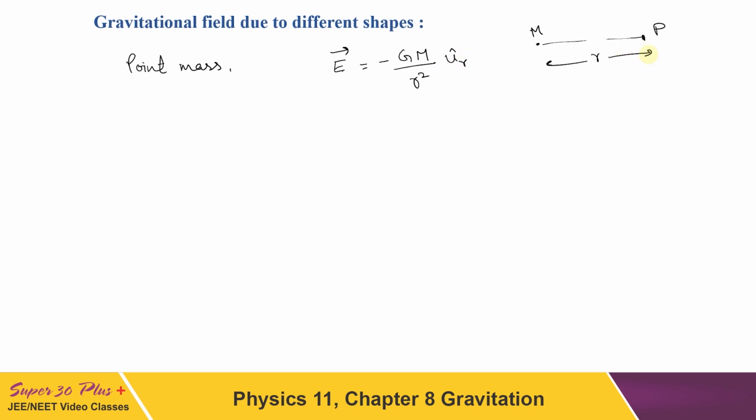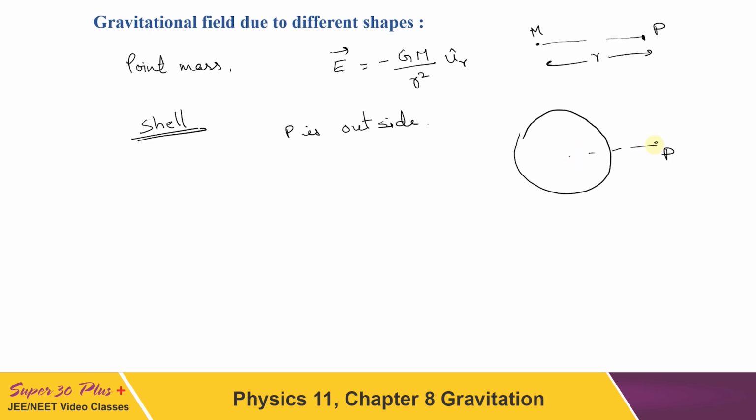The next is a shell. Shell is a hollow sphere. Now for a shell, two cases we have to remember. The first, when point P is outside the shell. So if P is outside, then the shell behaves as if it is a point mass, and this is not only for gravitational field. This will be the same even for electrostatic field as well, because both the forces follow the inverse square law.